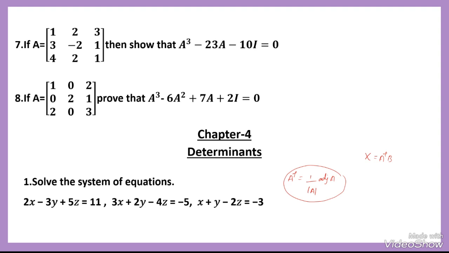After finding A inverse, you have to multiply it with B, then you will get the value of X. Each step carries marks. First condition, you have to check the singularity.